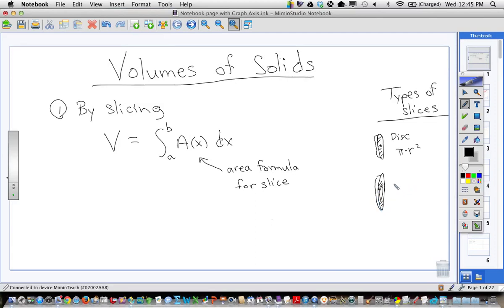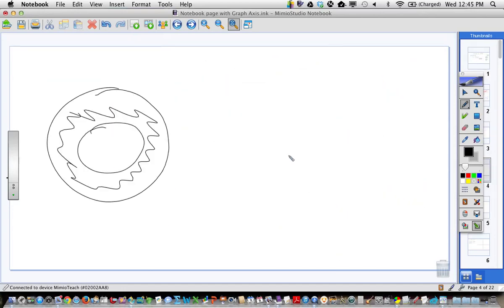What is the area of a donut, a ring? Area of the big circle. So let's call that big R. And minus the area of the little circle. Let's call that little r. So it's going to be pi big R squared minus pi little r squared. That would be the area of the ring.